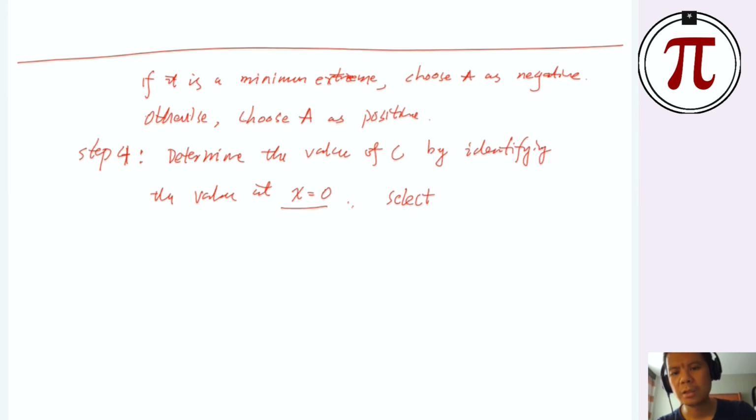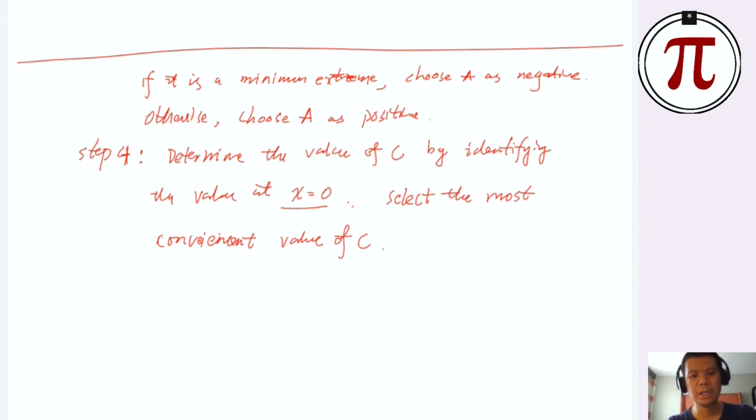In many cases we have infinitely many C values, right? Because it's a periodic function, right? So select the most convenient value of C.